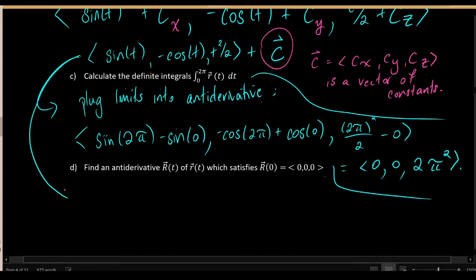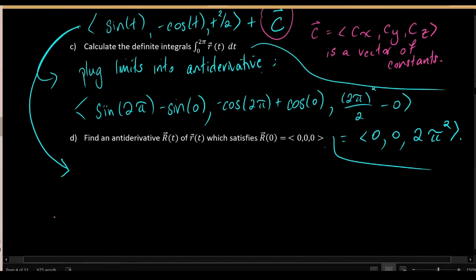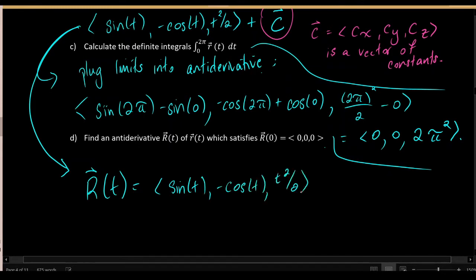Now, when we calculated the indefinite integral in part B, we gave a general description of all possible antiderivatives of little r of t. Any antiderivative, in particular this antiderivative, capital R, must have the general format sine t, negative cos t, t squared over 2, plus some vector of constants.